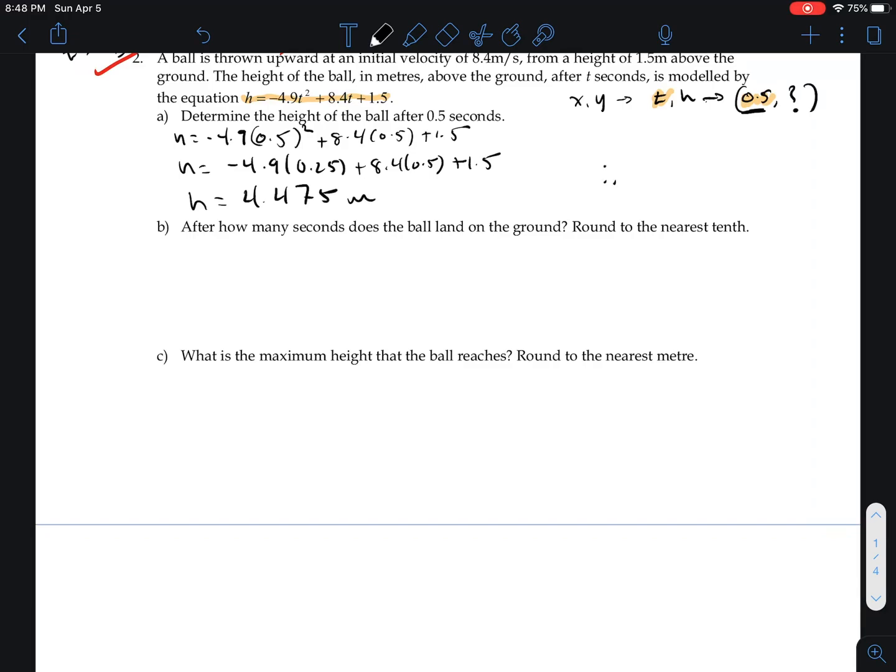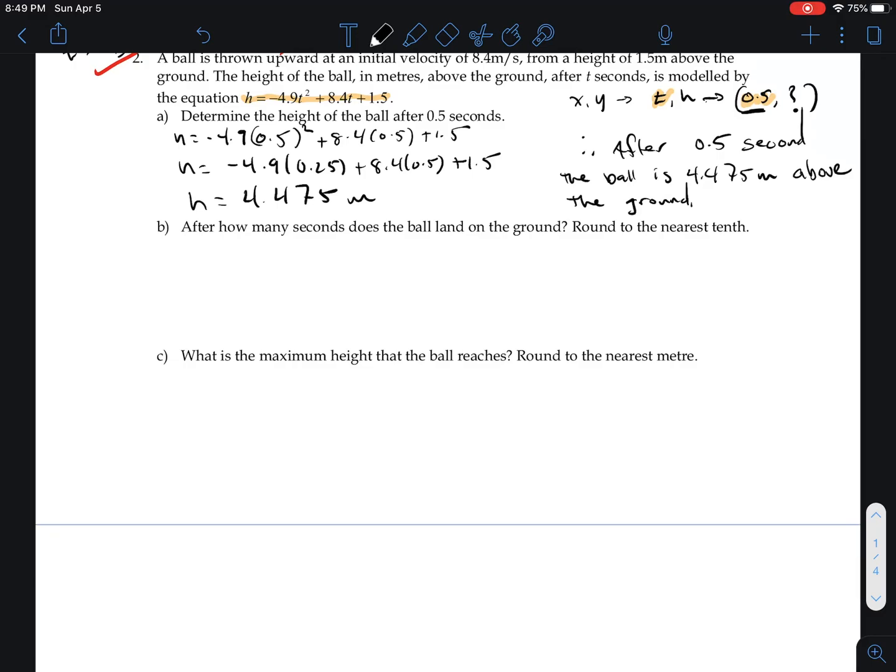So therefore, after half a second, the ball is 4.475 meters above the ground.